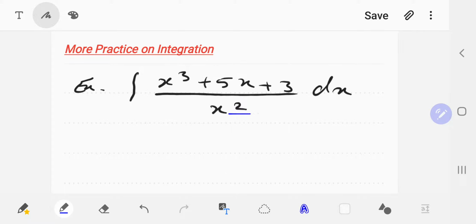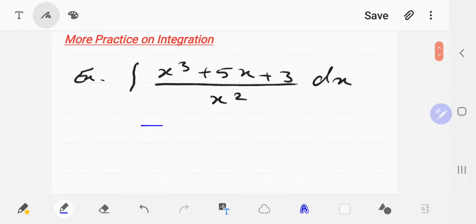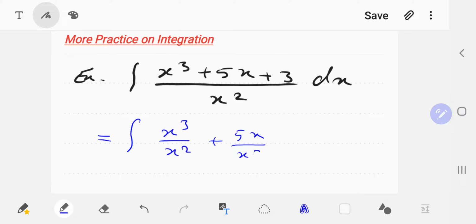So we can either take x to the power negative 2 up, or you can do something easily. Instead of taking it up with negative and multiply, you can just say this can be written as integration of x cubed divided by x squared plus 5x divided by x squared plus 3 divided by x squared dx.